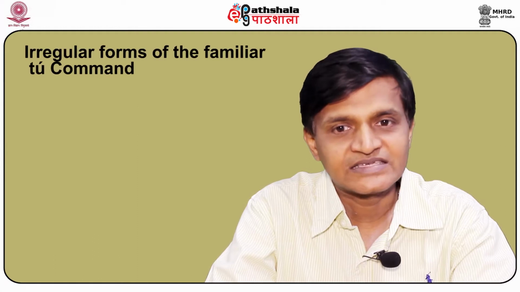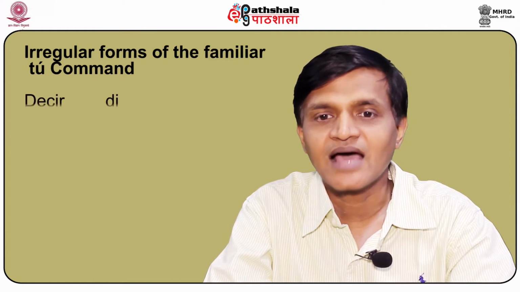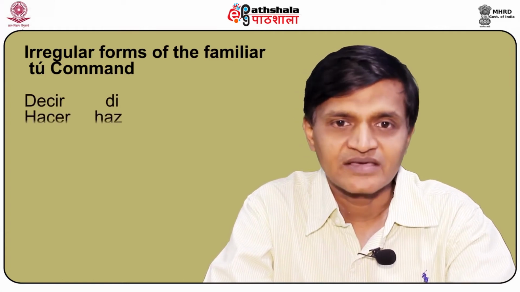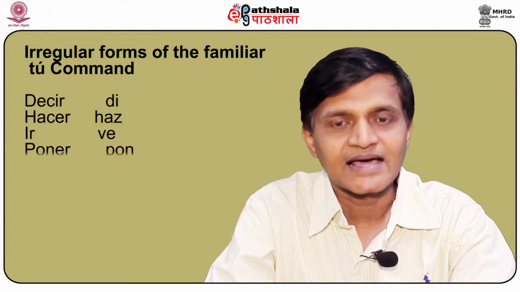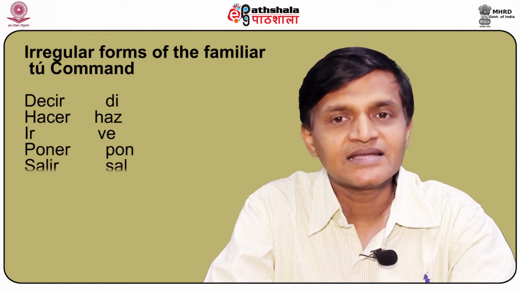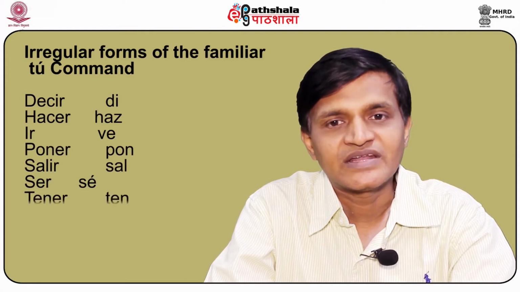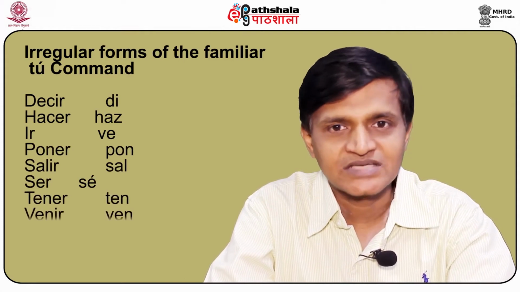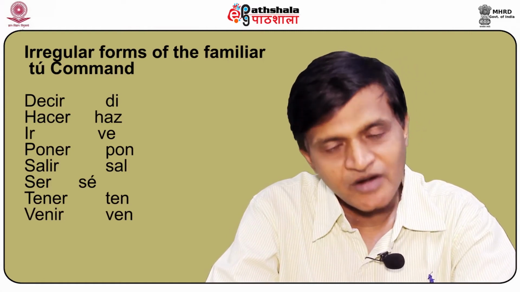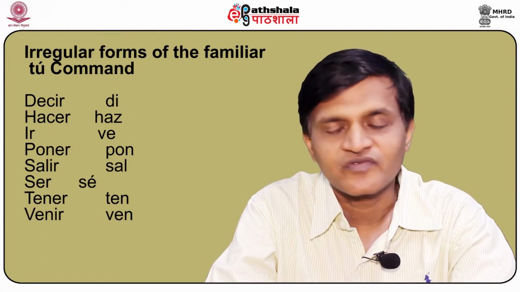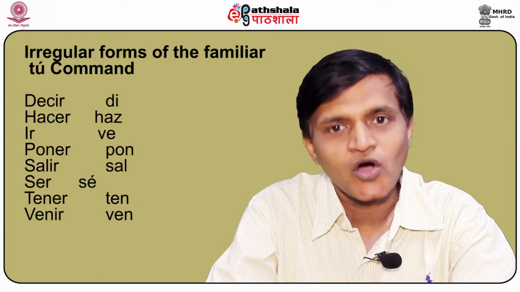For example, decir is conjugated in the command form as di, hacer as haz, ir as ve, poner as pon, salir as sal, ser as sé with an accent, tener as ten, venir as ven. So pon, sal, ten, ven, di, haz, ve are the command forms that we have learnt right now of decir, hacer, ir, poner, salir, ser, tener or venir verbs.